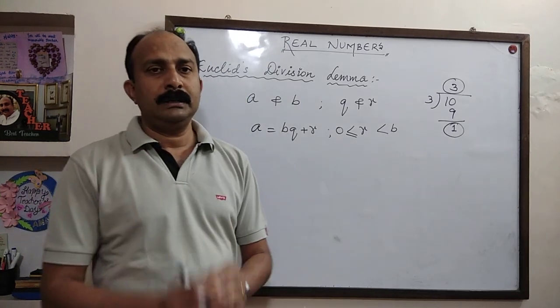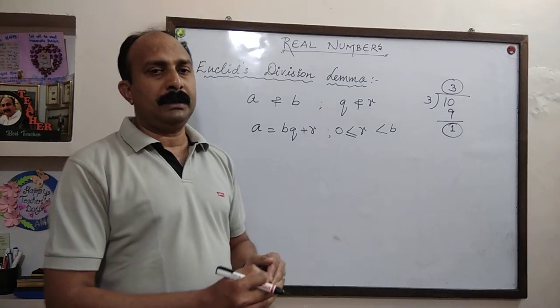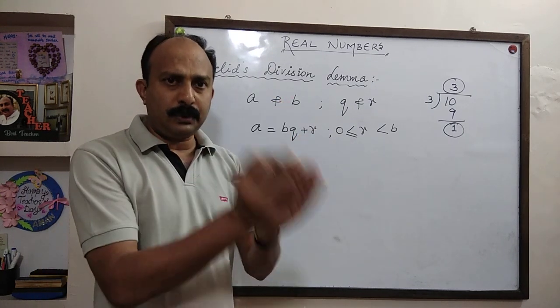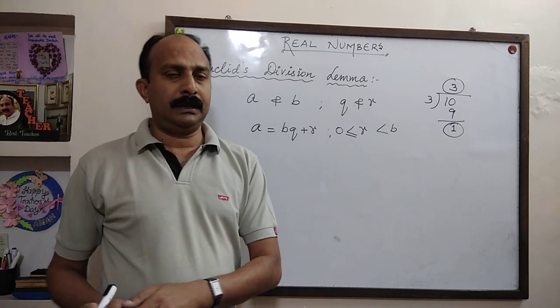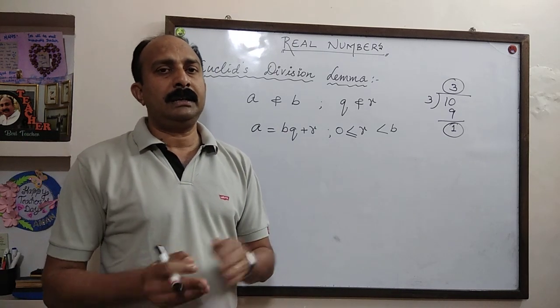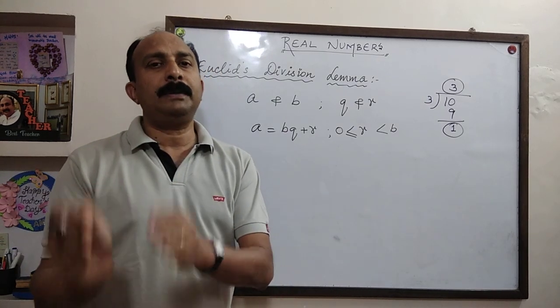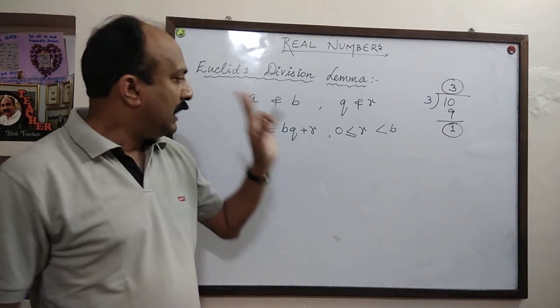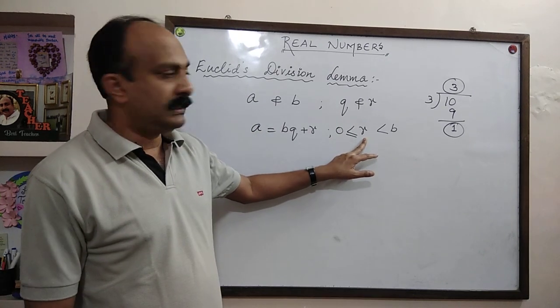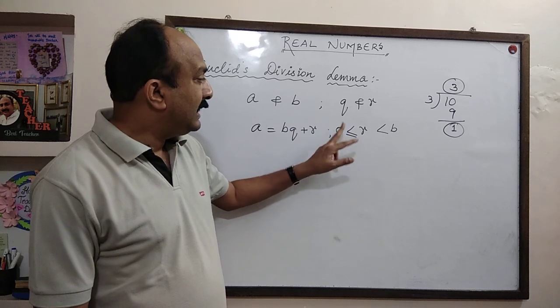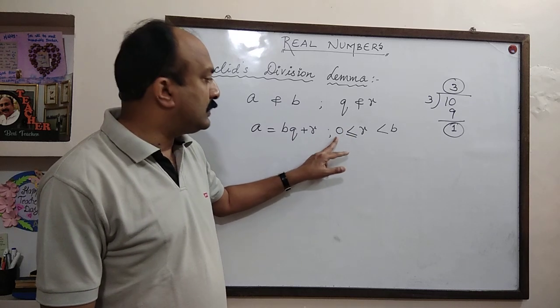If a number is divided by another number, you will always get a unique answer, that is a quotient and a remainder, in such a way that dividend is equal to divisor into quotient plus remainder. That's all. And one more thing. Here you can see that r, meaning remainder, is greater than or equal to 0.